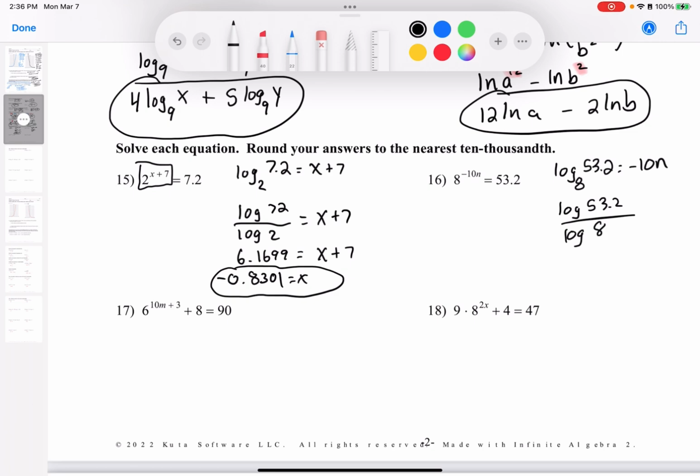That's 1.9111 is equal to negative 10n. Divide by negative 10, and you get negative 0.1911. You're done.